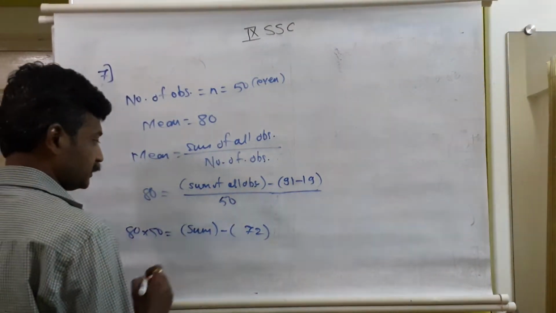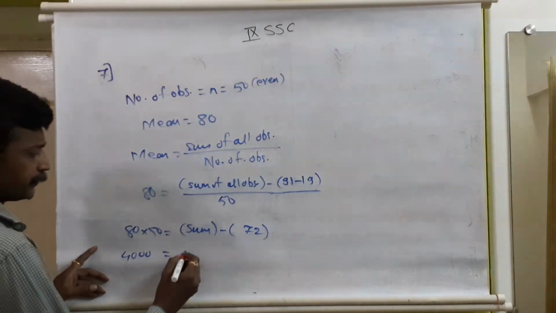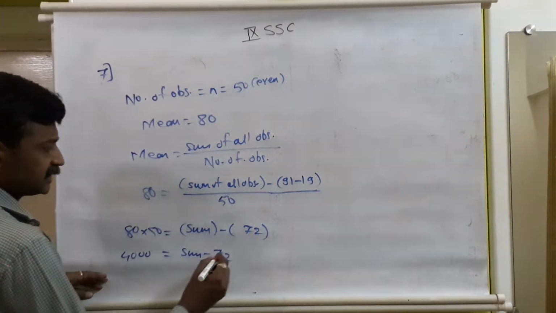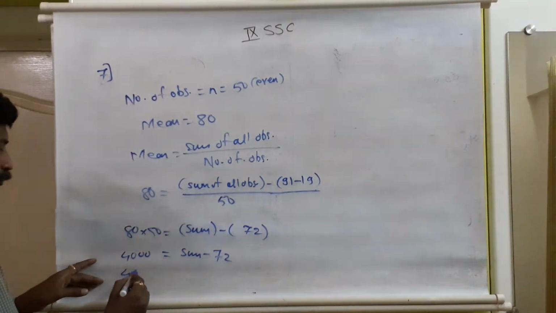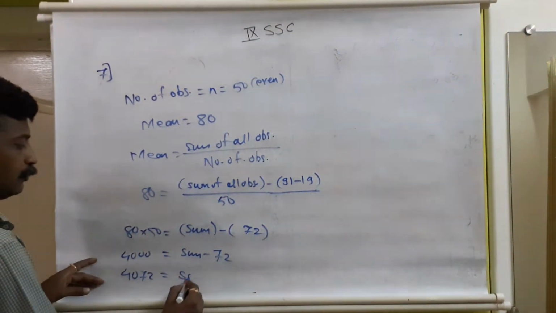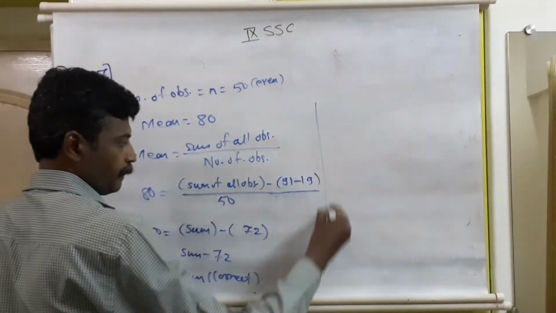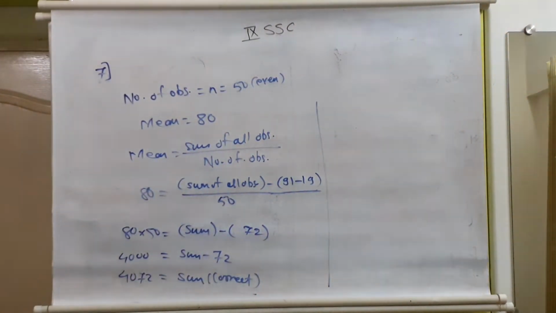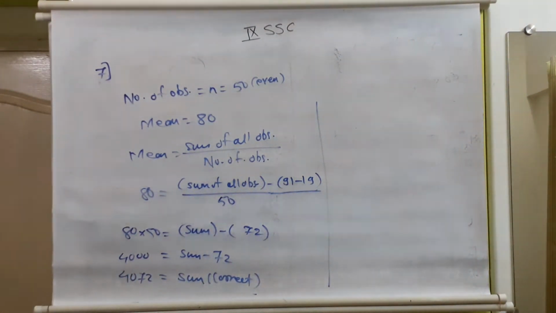If we want the correct sum, the product of these both, 4000, is equal to sum minus 72. Minus 72 will go to the other side. So 4072 will be equal to sum. This is nothing but the correct sum. Correct sum is 4072.